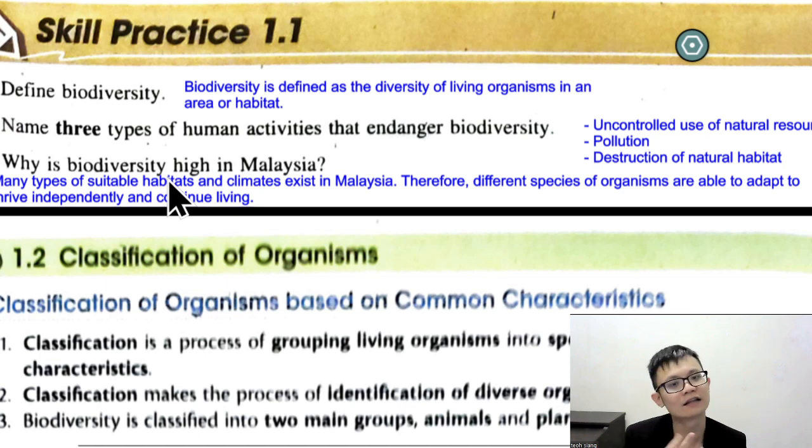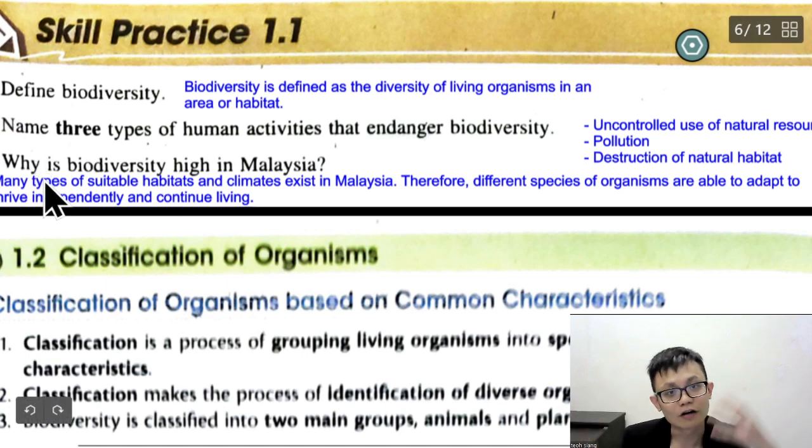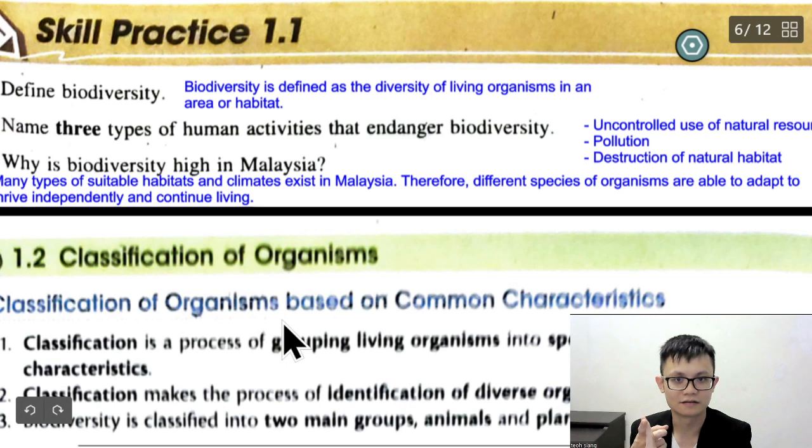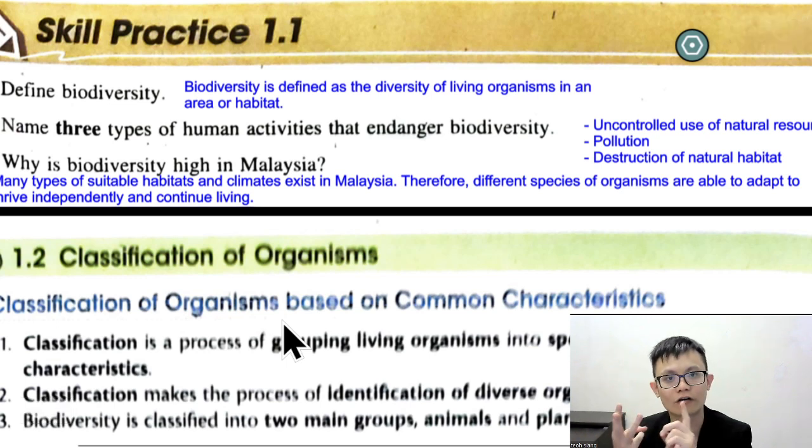We don't have winter, we don't have summer, so the trees just keep on growing. So it's a very suitable condition for plants to grow because you got water, you got sun, you got the correct temperature, correct climate.